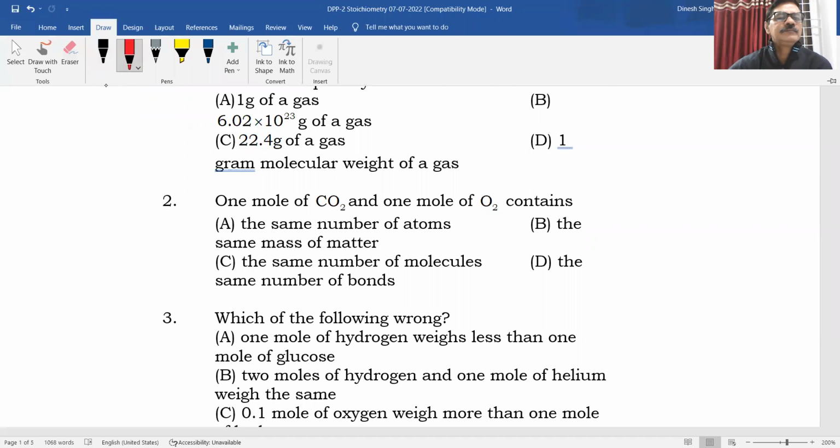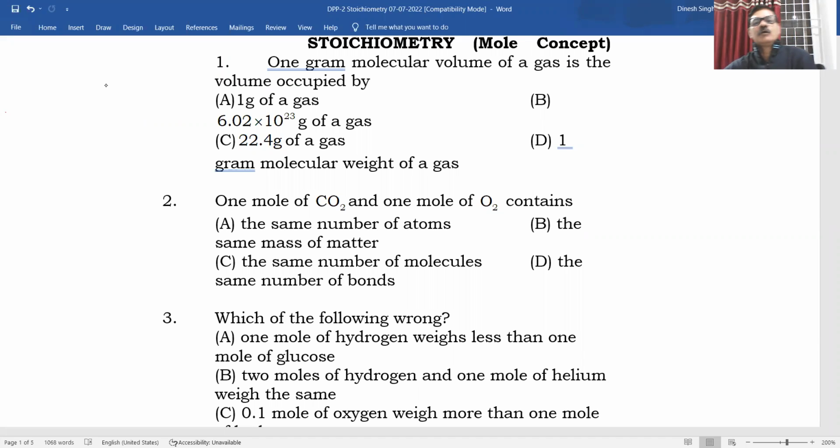Let us see the first question. 1 gram molecular volume of a gas is the volume occupied by 1 gram molecular volume, meaning the volume of 1 mole of gas. So would it be 1 gram of a gas?